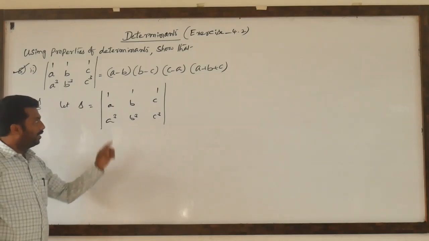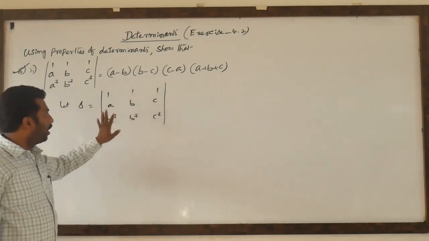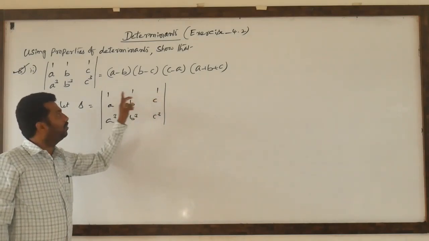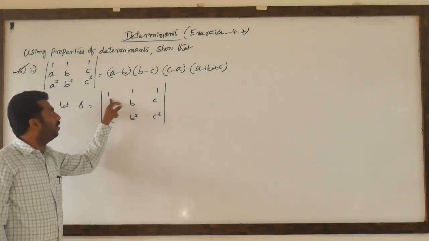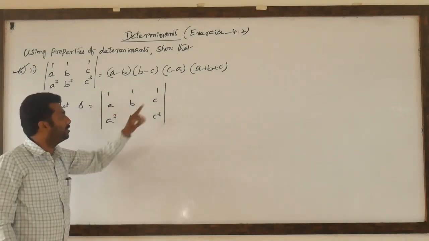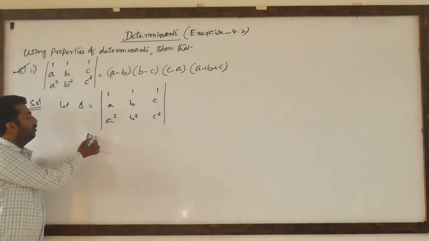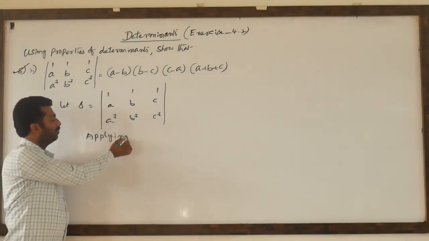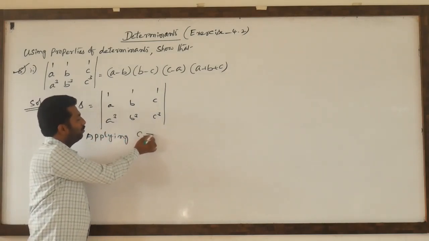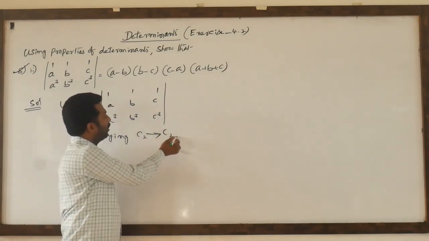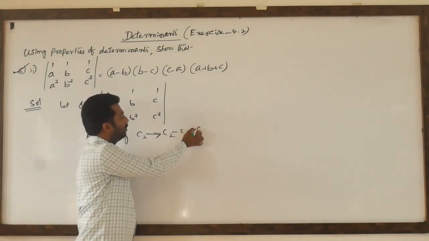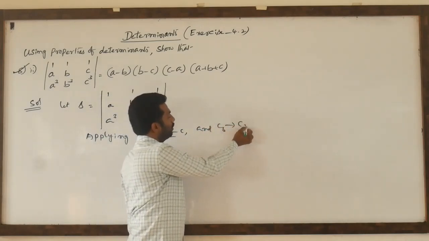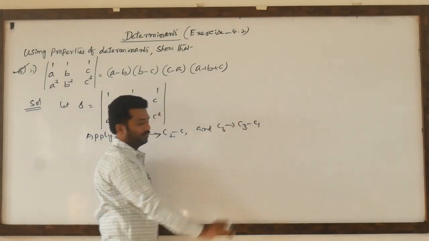I told already, in any row or any column of a determinant, if all its elements are 1, so we have to apply C2 changes to C2 minus C1 and C3 changes to C3 minus C1.